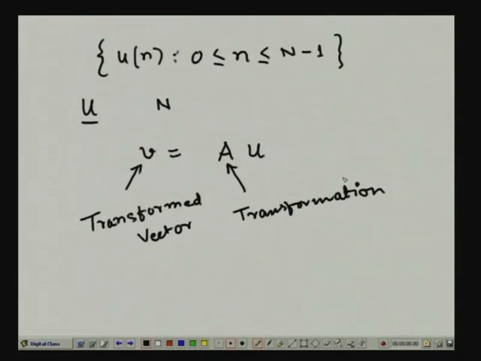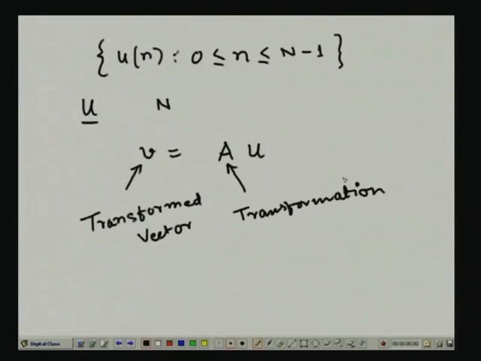So, what I have done is I have taken an n dimensional vector u, pre-multiplied it by a unitary matrix of dimension n by n, and after multiplication I got again an n dimensional vector v.